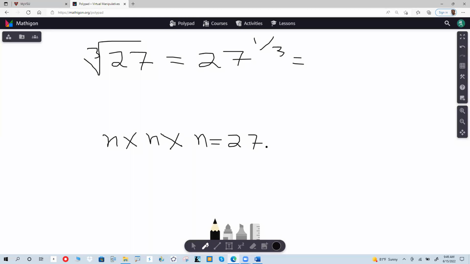What's n? It's really like asking that question. The answer is 3. You have to kind of think. Of course, you can use your calculator. 3 times what times what times what? You would say, well, it has to be 3. So the cube root is 3, and the cube root doesn't have a negative sign because -3 times -3 times -3 is not positive 27. It's negative 27.